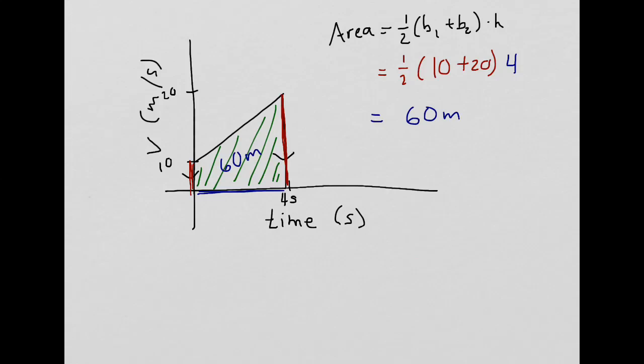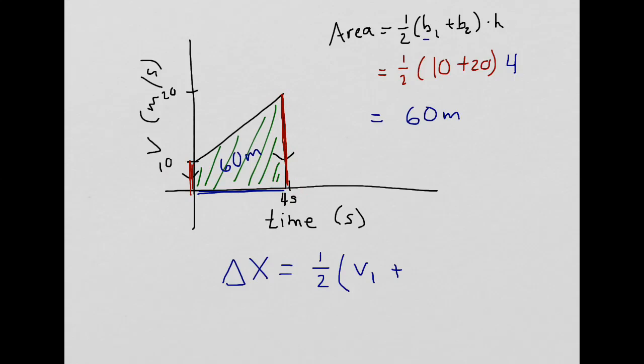Okay, so we know that area is equal to distance, so I would say delta x equals 1/2. So B1 really corresponded to this right here, the 10. And what was the 10? That was our initial velocity. So in general terms, I can call that VI plus V2, this right here, corresponded to my final velocity.